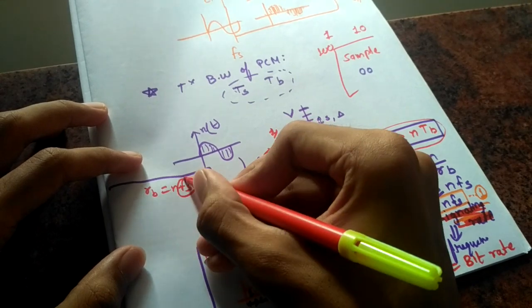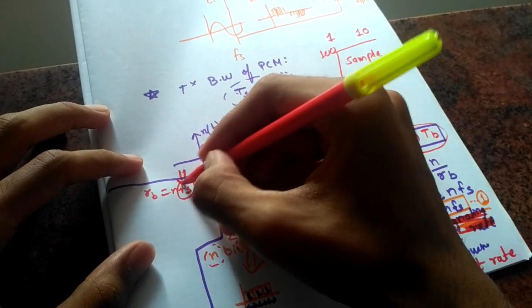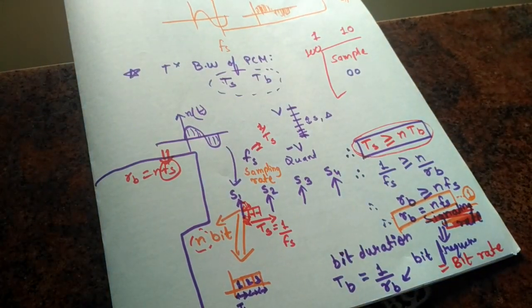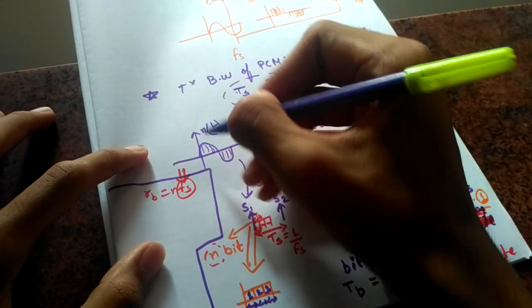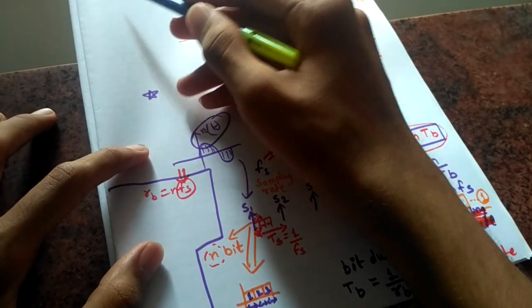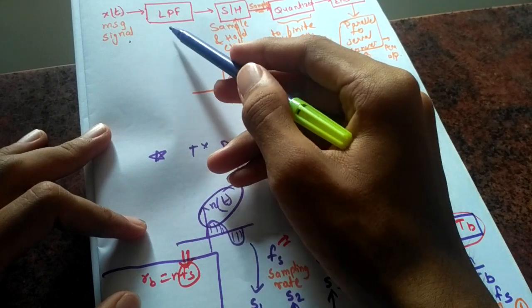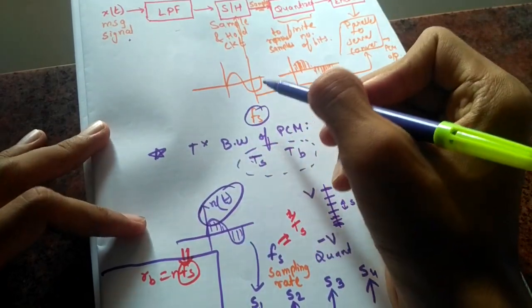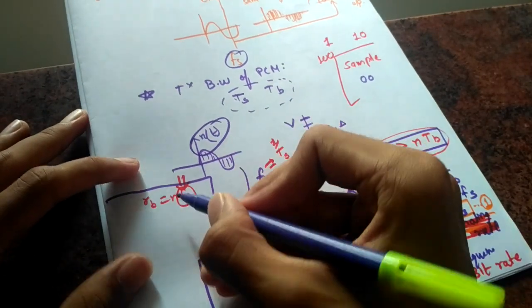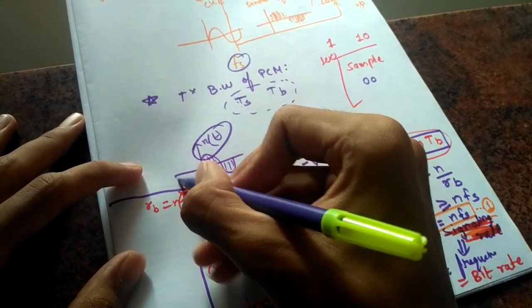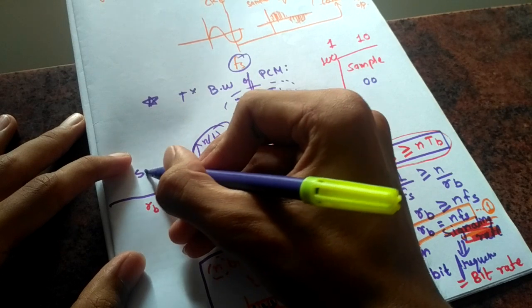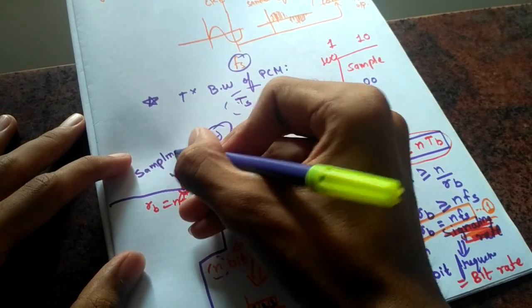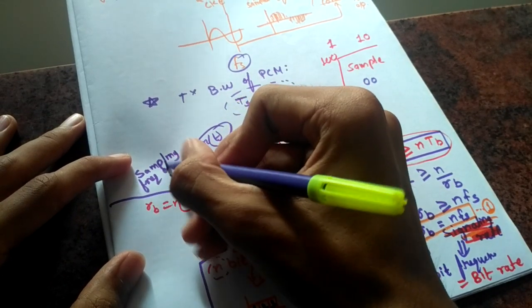So what is Fs? We know that Fs is the sampling frequency of the message signal, right? Whatever the message signal x(t) was, the message signal is being sampled at Fs frequency, the sampling frequency of the message signal.